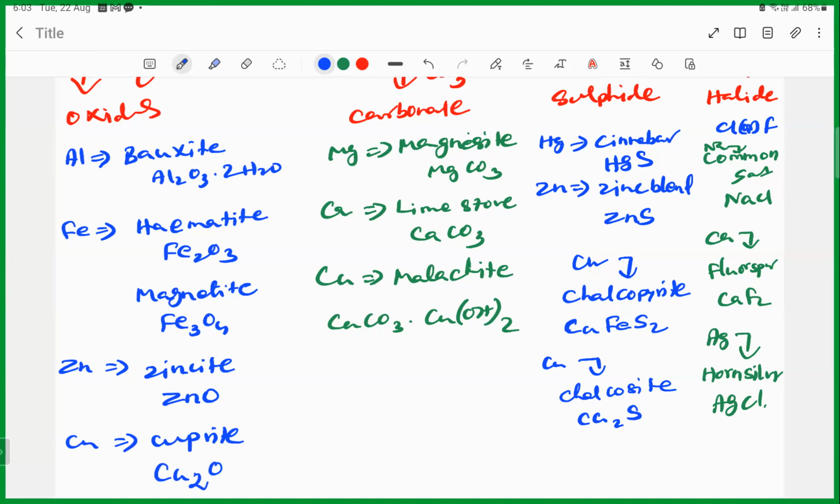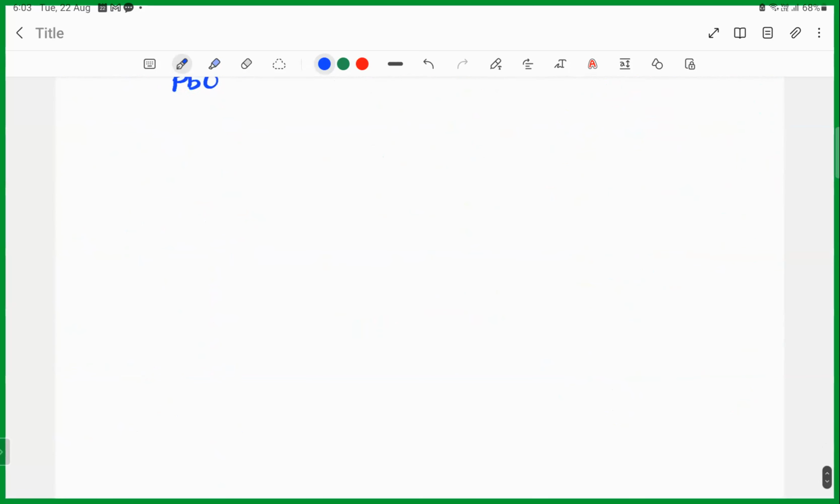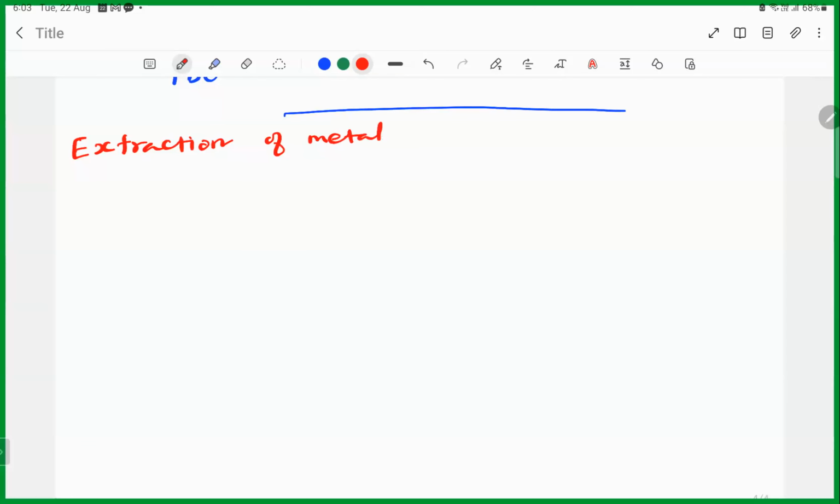Let's see what it is. Extraction of metals on the basis of reactive series.